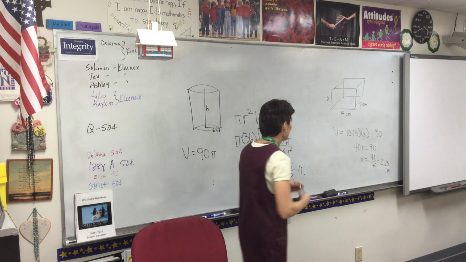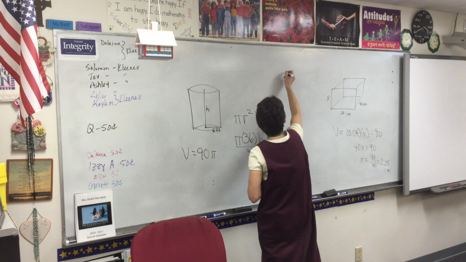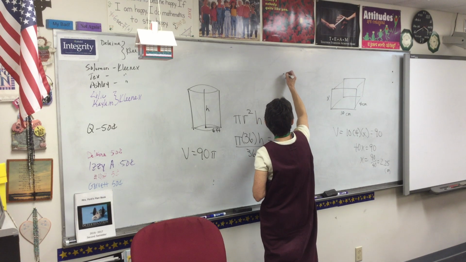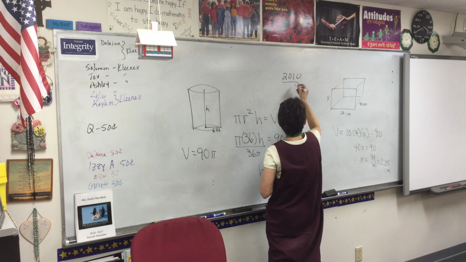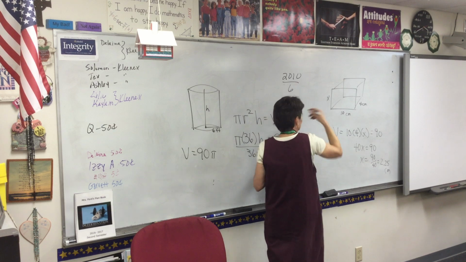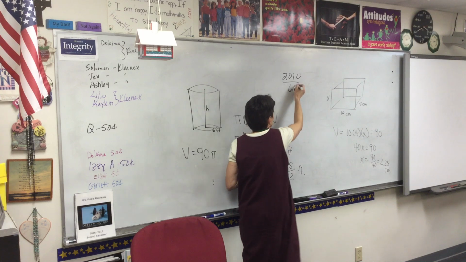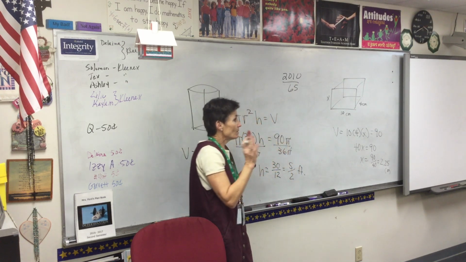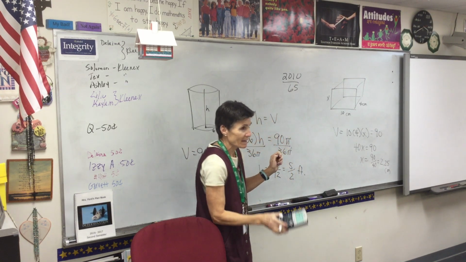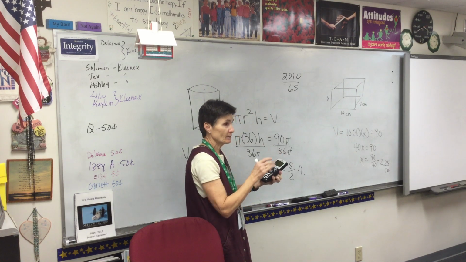So let's say we did another problem and we got 2010 over 65, make it even worse. I know you can reduce that by hand, but your calculator will do it.